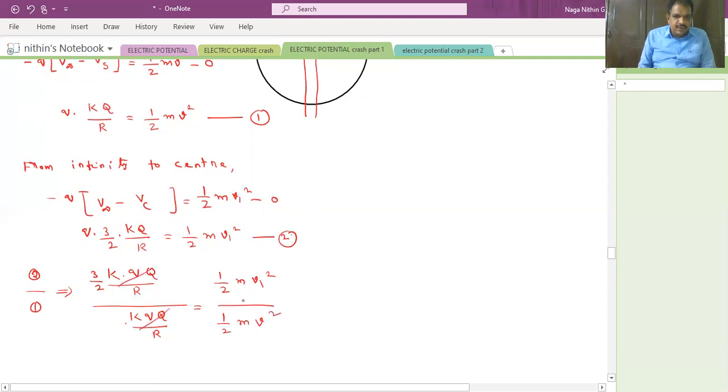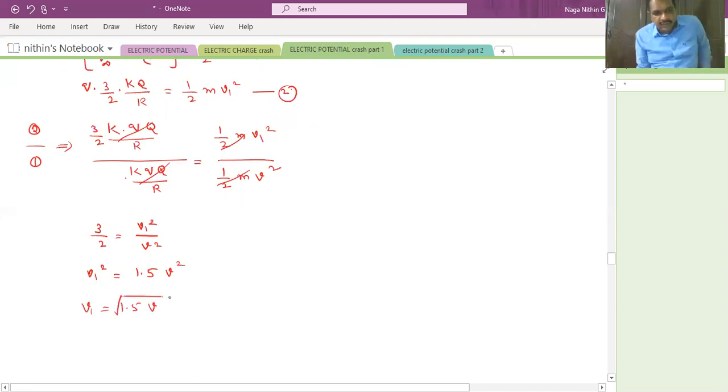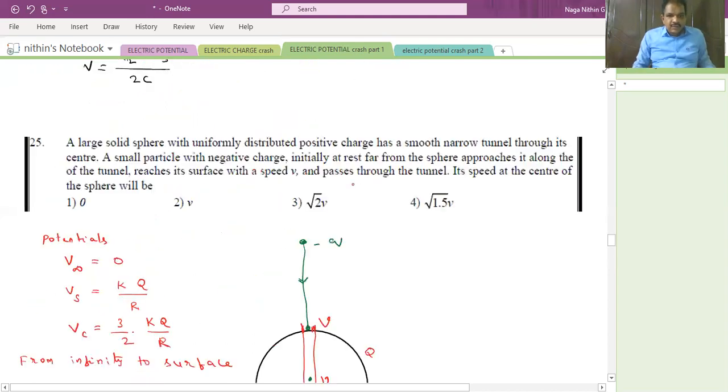Half m will cancel. So 3 by 2 is equal to V1 square by v square. V1 square is 1.5 v square, so V1 is root 1.5 v. So root 1.5 v will be the answer, and the fourth option will be correct.